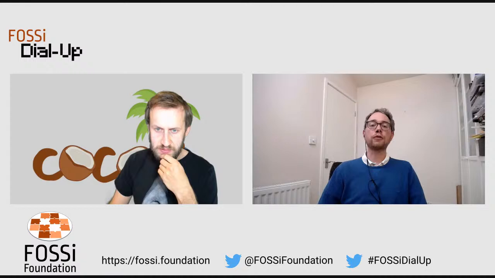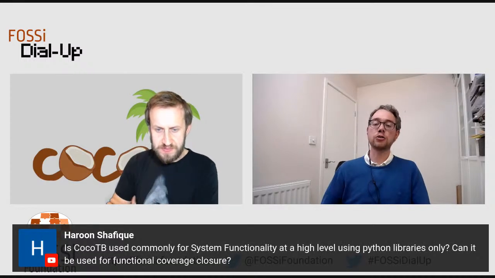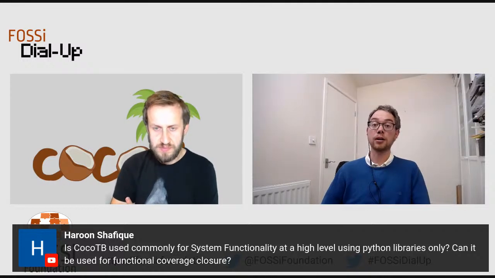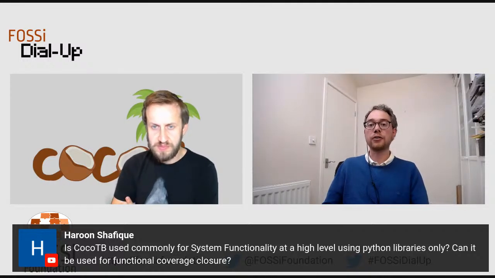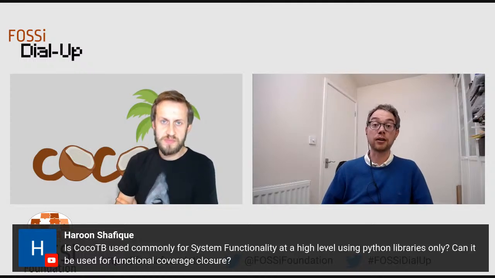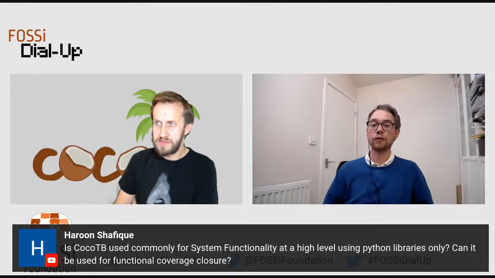I guess there are two groups of use of Cocotb. There's the reasonably large group of users who use it for system integration, which is fantastic because it is very easy to have a golden model of a larger design, a CPU, for example, that you have an instruction set simulator for, and run that against Cocotb, because tapping into that whole system of Python libraries and integrating that is very, very convenient.